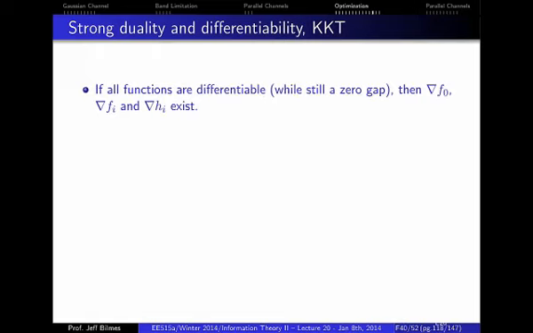Now, furthermore, let's assume, this isn't always the case, but if things are particularly nice, then this is sort of getting back to our high school calculus classes where everything's differentiable. If everything's differentiable, and again we have strong duality, then all of these derivatives exist.